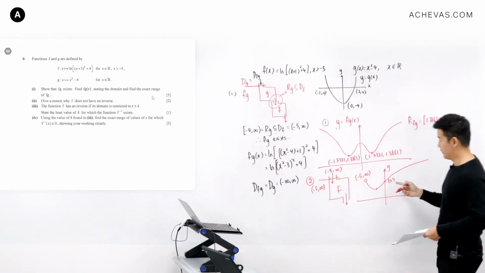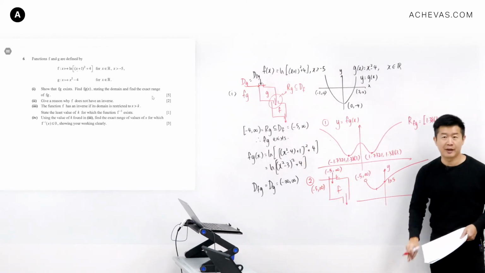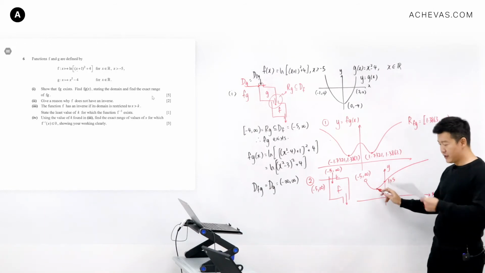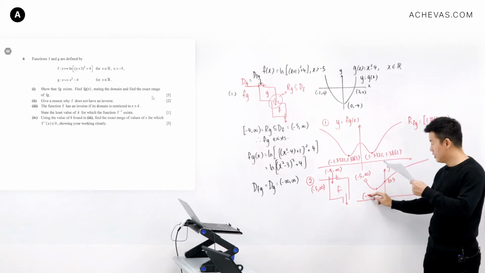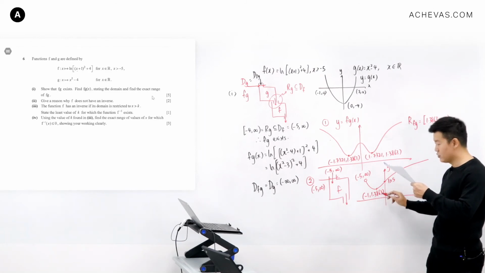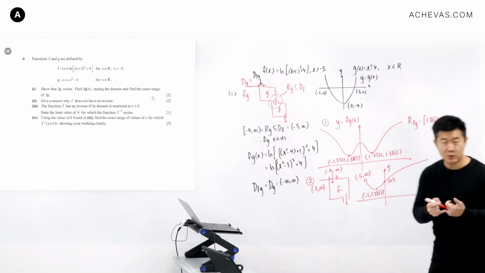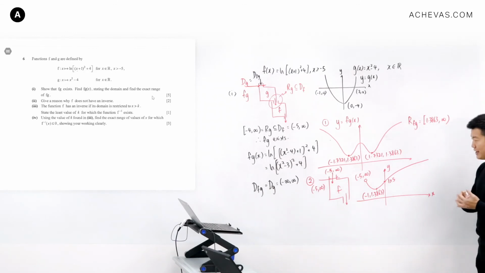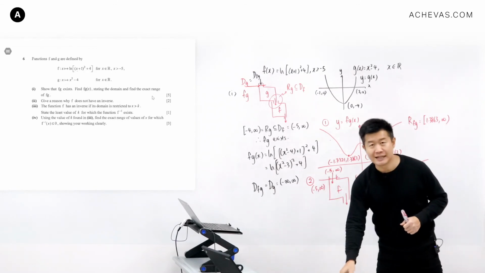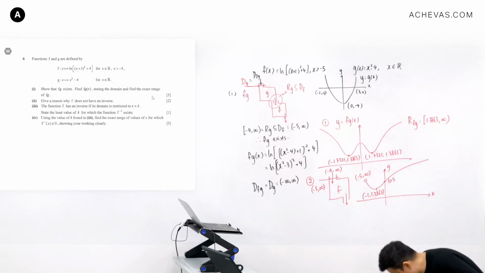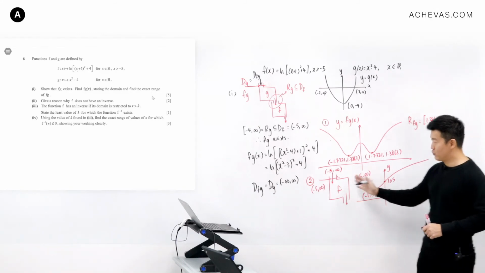That's why I get a ln 5. As for this point here, I will get -1 and 1.3863. This is for f as a full function.